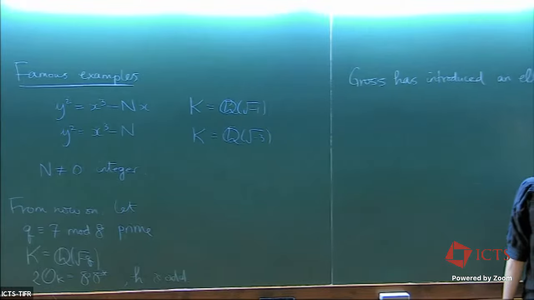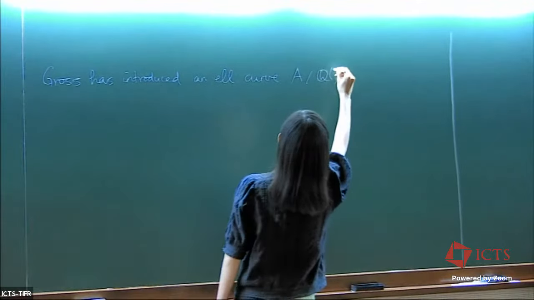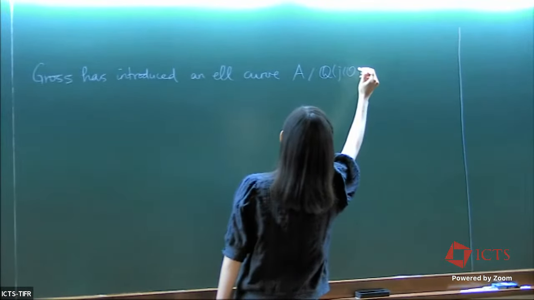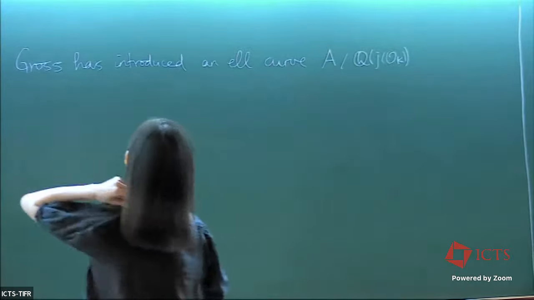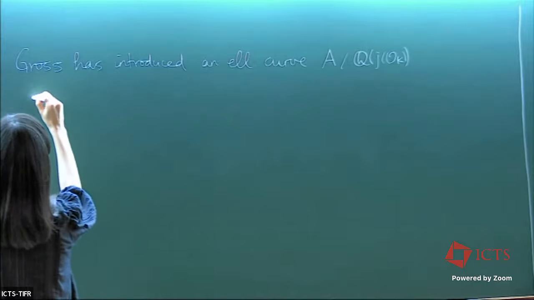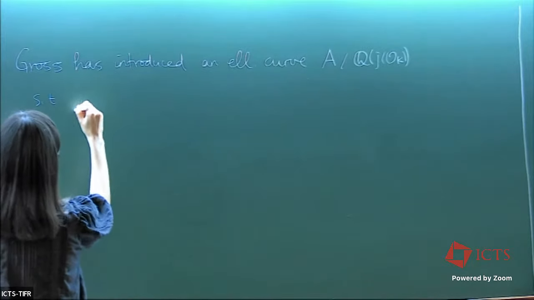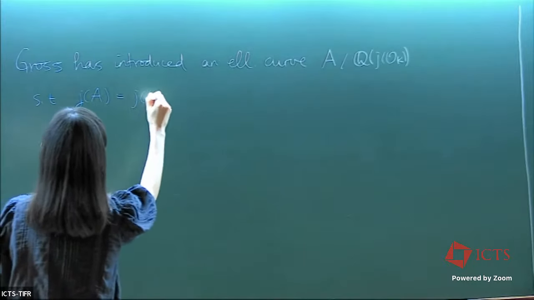Let's just call it A, over H, such that the j-invariant of A is equal to the j-invariant of O_K.